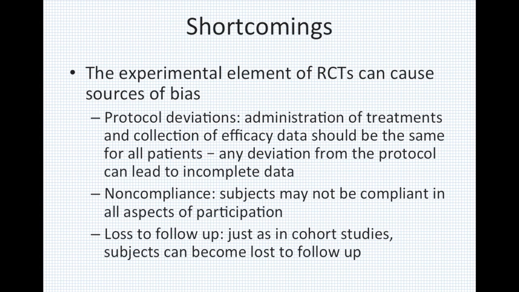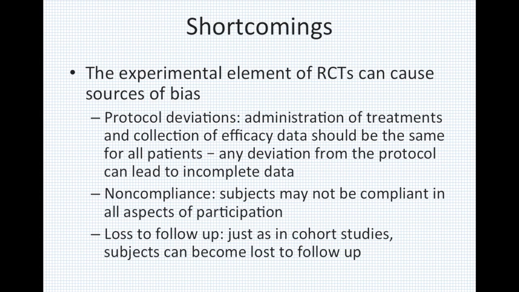Some shortcomings of RCTs involve ways that bias can end up in the mix. One of them involves protocol deviations. So, ideally, administration of treatments and collection of efficacy data should be exactly the same for all patients, and any deviation from the protocol can lead to incomplete or inconsistent data.